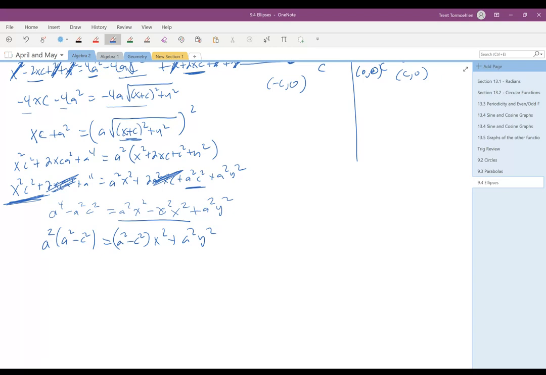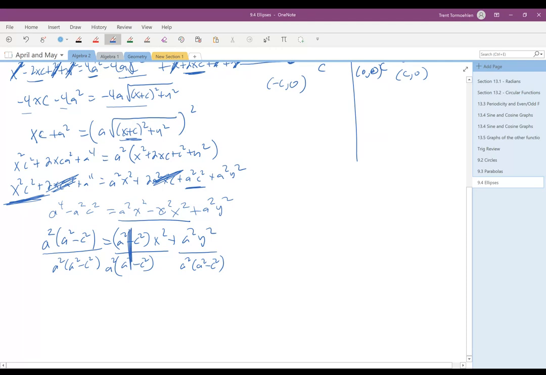And so we divide both sides by this a squared times a squared minus c squared. And so you can see in this case, the a squared minus c squared cancels out, and then here the a squared cancels out.